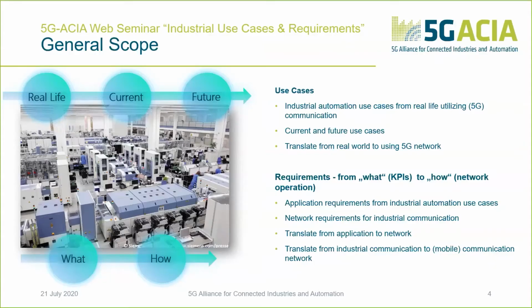Working Group 1 of 5G-ACIA is concerned with the use cases and requirements for 5G in the area of industrial automation and manufacturing. The use cases range from industrial automation use cases, which are well established in real life and are looking at utilizing 5G, over what I would call in the slide the current use cases, which would be the next innovation step to current use cases by using 5G for new additional functionalities.